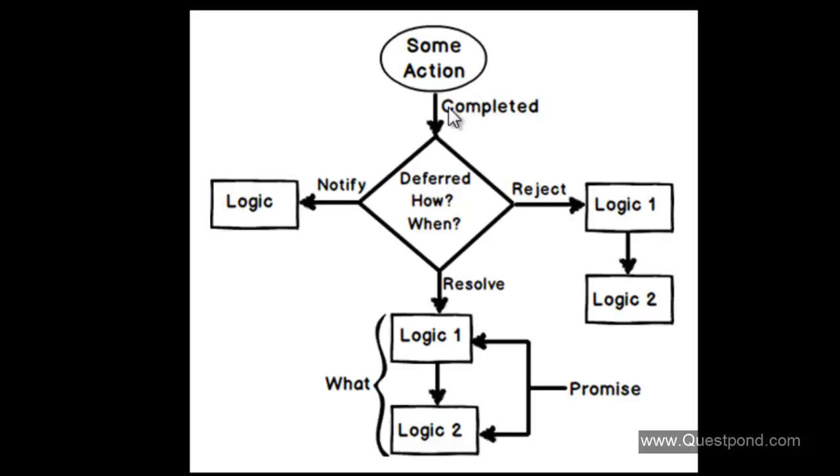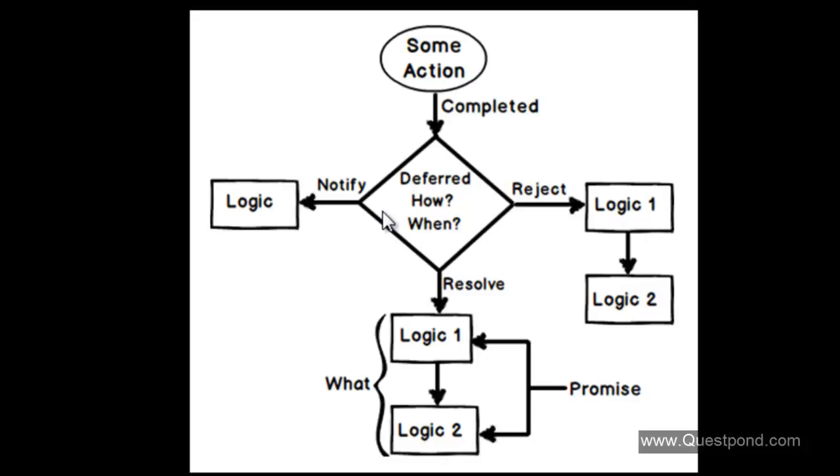Once that action completes, defer comes into action. Defer decides when and how these logics should run. So defer says, okay, is this action successful? If the action is successful, then please run the logic 1 and logic 2 promises. If the action failed, then please run these logics or these promises.